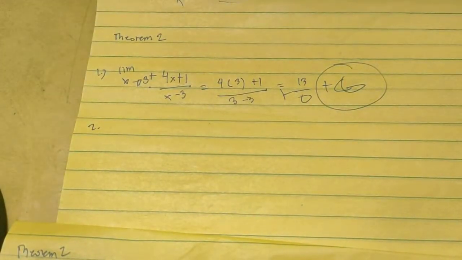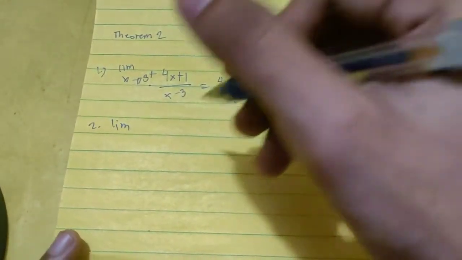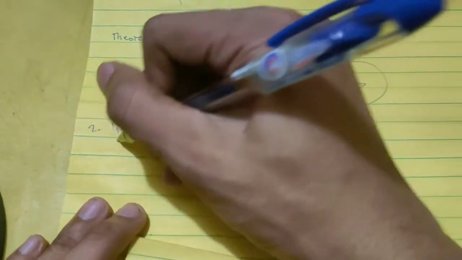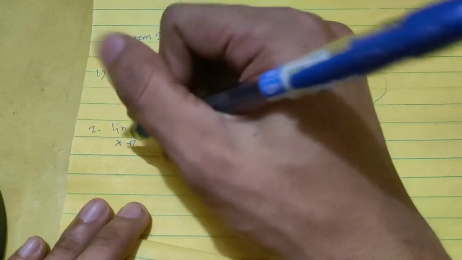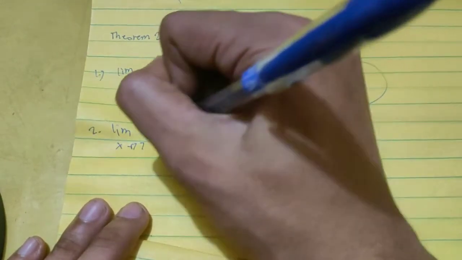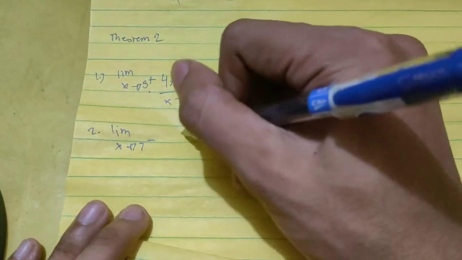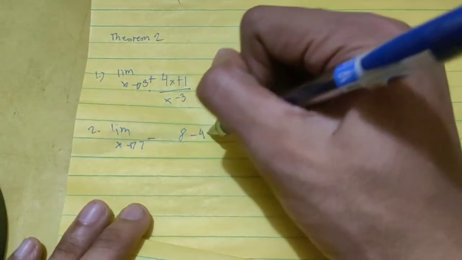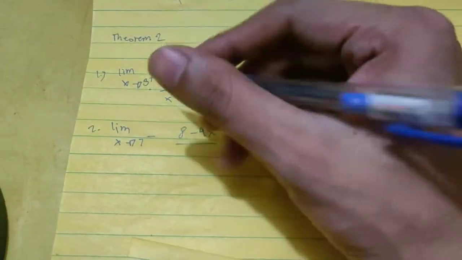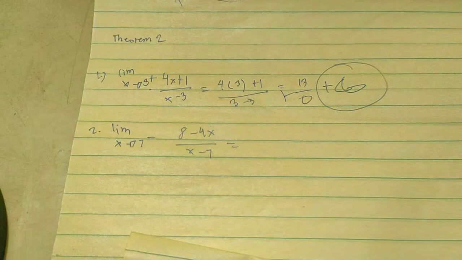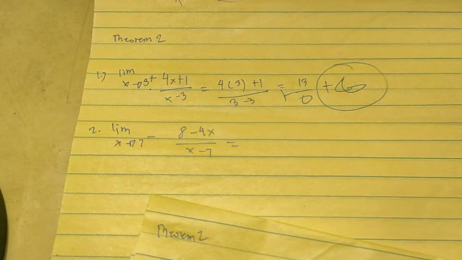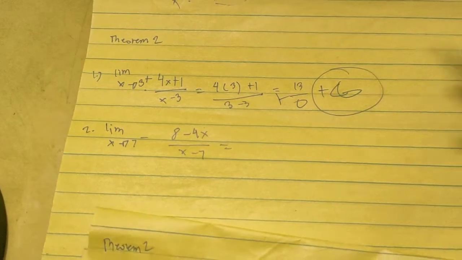Let's proceed to example number 2. In example number 2, the limit x approaches to 7 to the left. So, in order to find the constant, we need to answer it first.